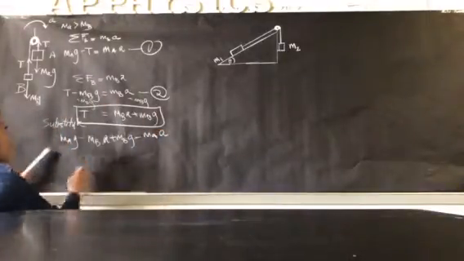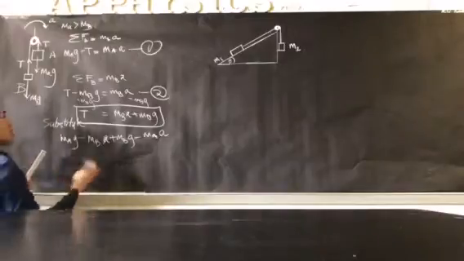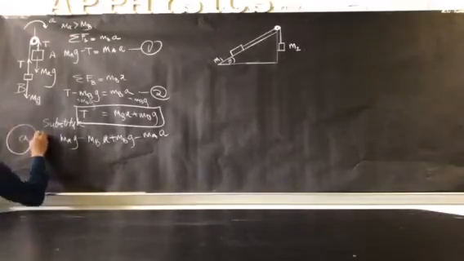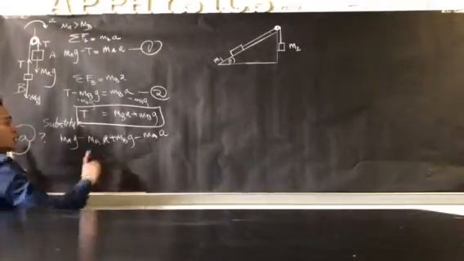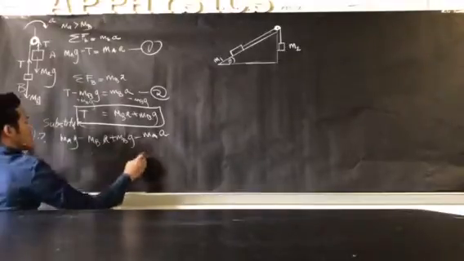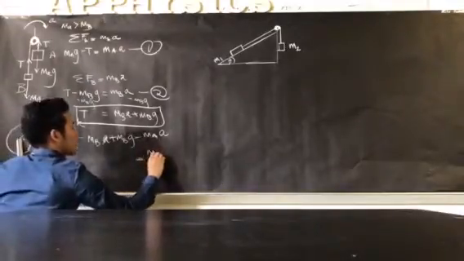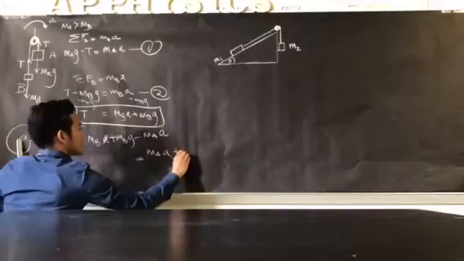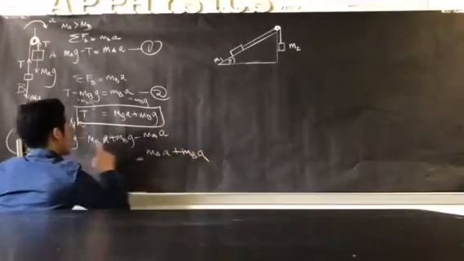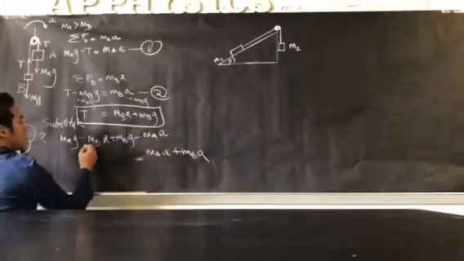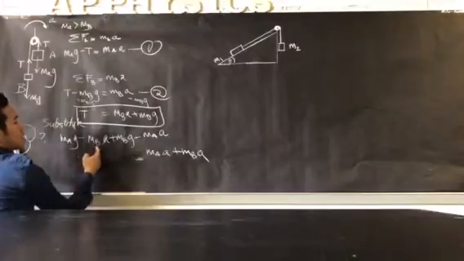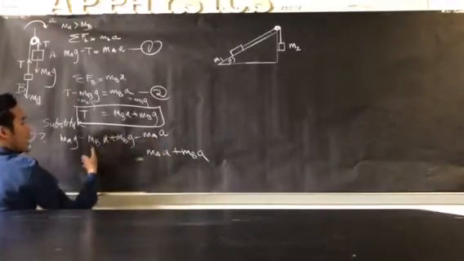And this is the final equation that we need. Since we're looking for acceleration, we need to combine these terms. So I'm putting m_A a there and plus m_B a, because I'm adding m_B a to both sides of the equation to get rid of the m_B a here.